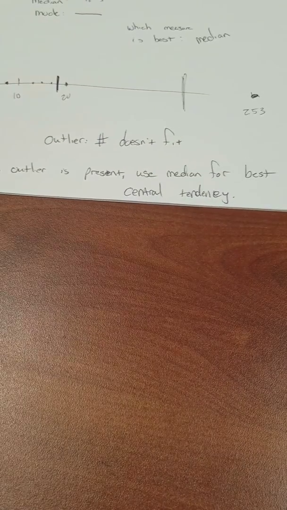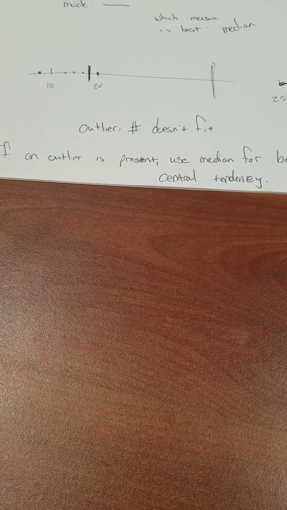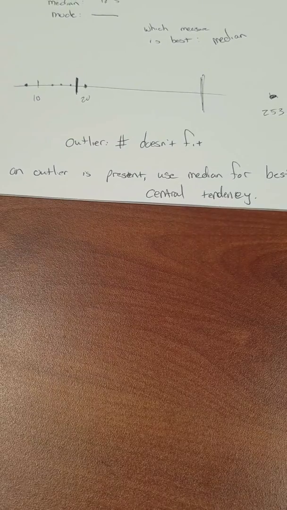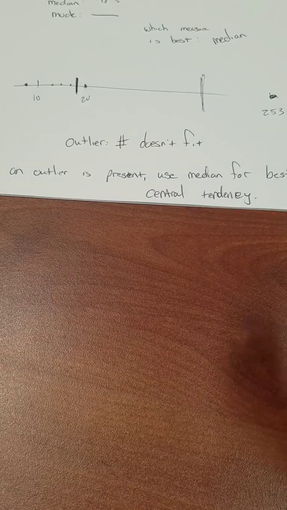Your mean and median are going to be pretty close together. No outlier, choose either one. Run with it. But if an outlier is present, that means you need to choose the median for the best measure of central tendency because the mean is affected by the outliers.